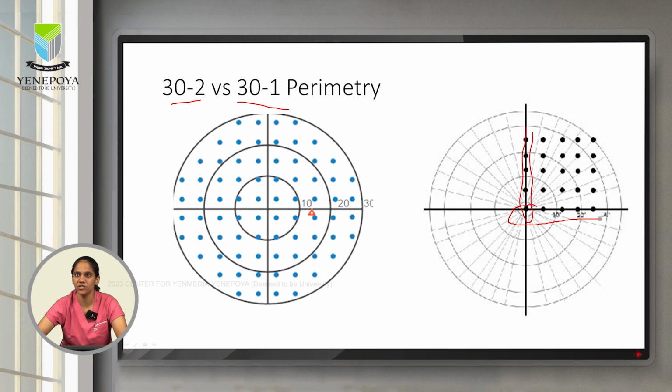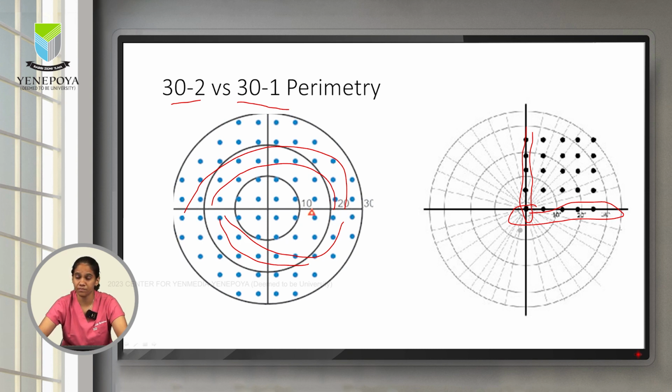So why should we prefer 30-2 over 30-1 in glaucoma? In glaucoma, you should know the difference between the glaucomatous change and the neurological change. Glaucoma will respect your horizontal meridian. All your changes are along the horizontal meridian. You will never see a change that crosses the vertical meridian.